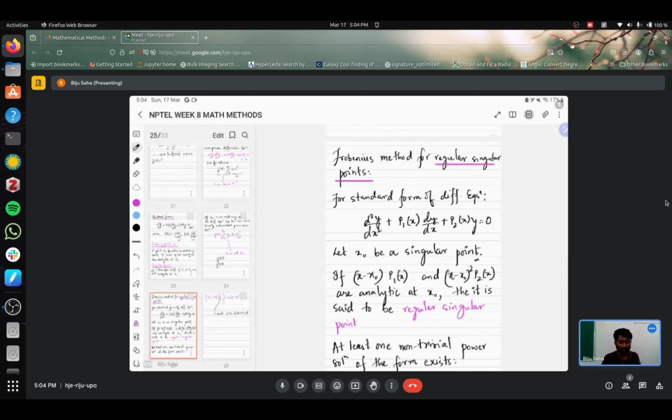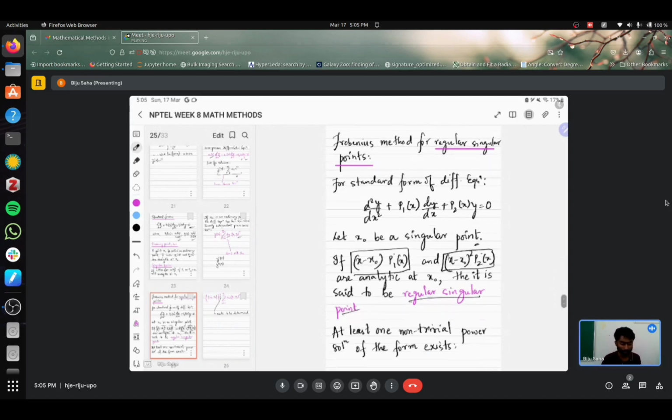If you put x equal to x0, then P1 and P2 diverge, so that is why x0 is not an ordinary point, it is a singular point. But if we happen to see that x minus x0 into P1 and x minus x0 squared into P2 are analytic, then we can say that x0 is a regular singular point.